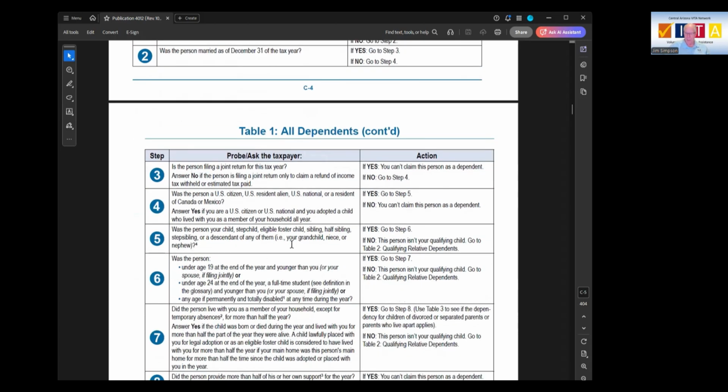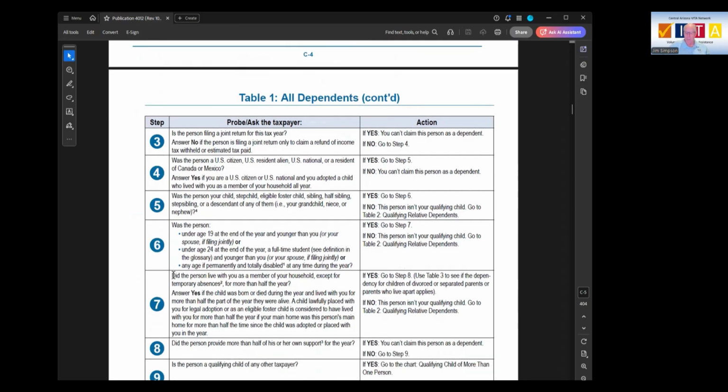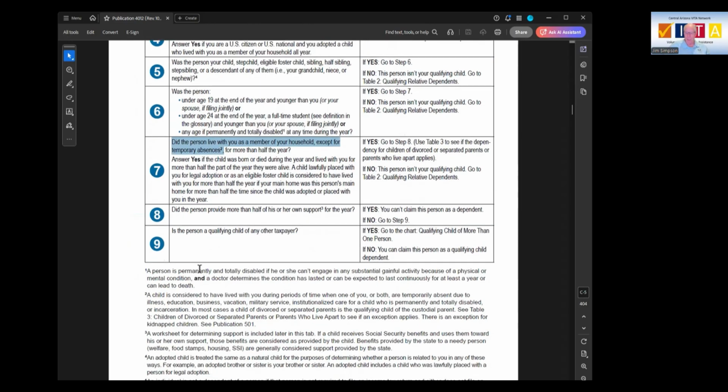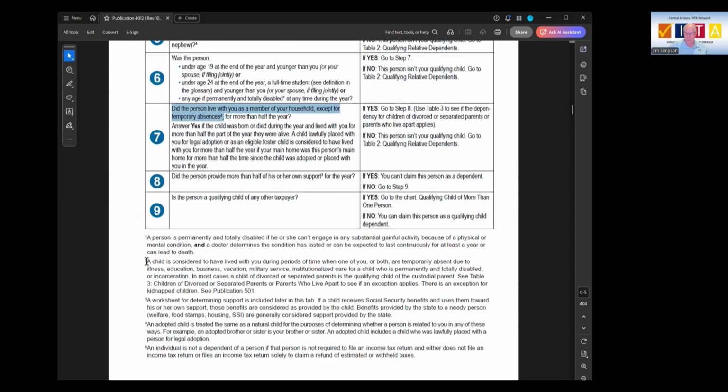Let me see if there's anything. Yeah, I did kind of want to point this out. Did the person live with you as a member of your household, except for temporary absences, for more than half the year? And it's got a little footnote right there, 2. Here's where it gives you a little bit more information about what a temporary absence is. A child is considered to have lived with you during periods of time when one of you or both are temporarily absent due to illness.